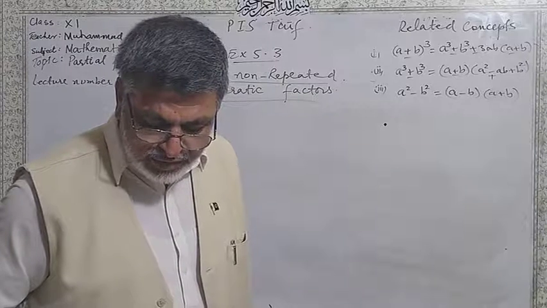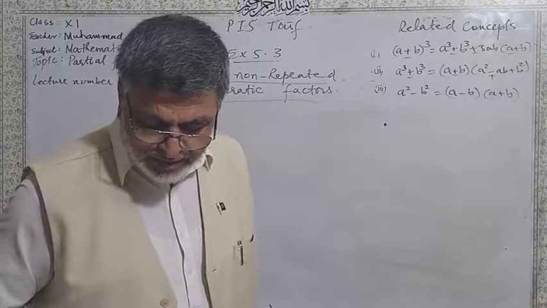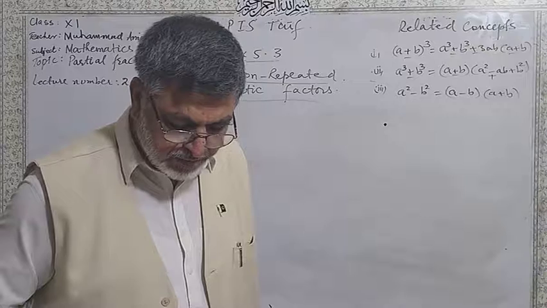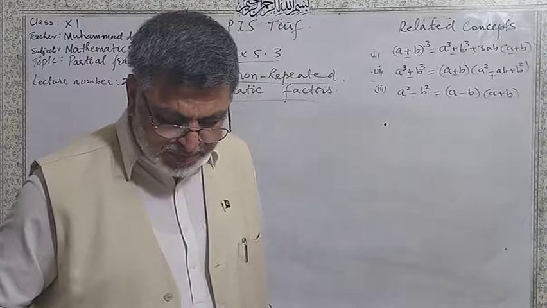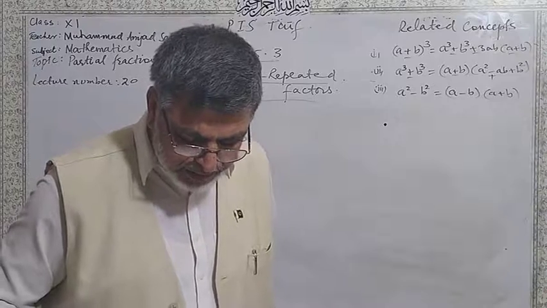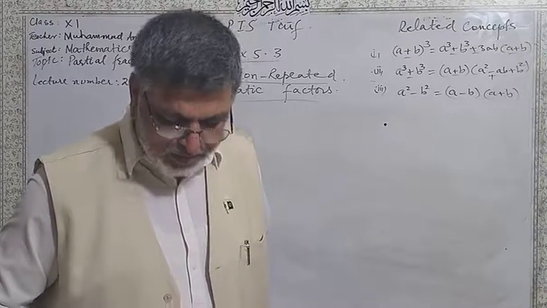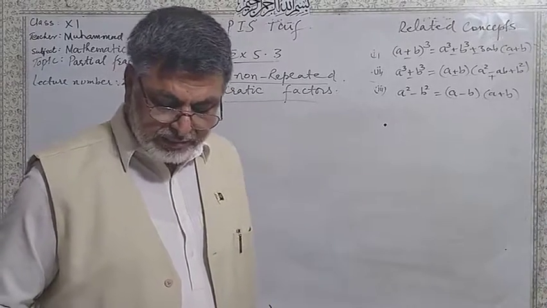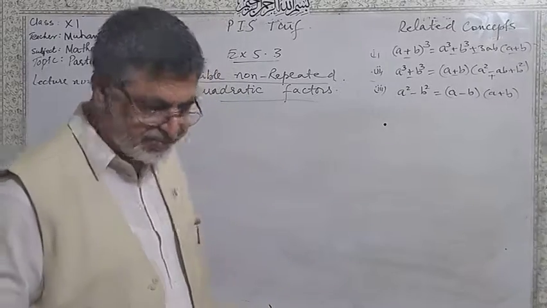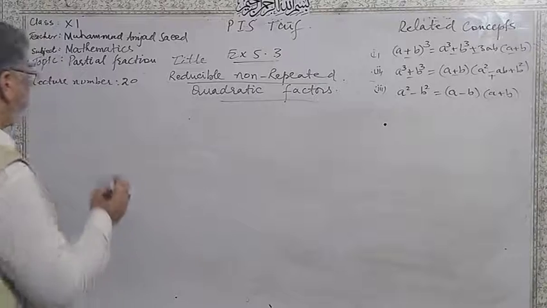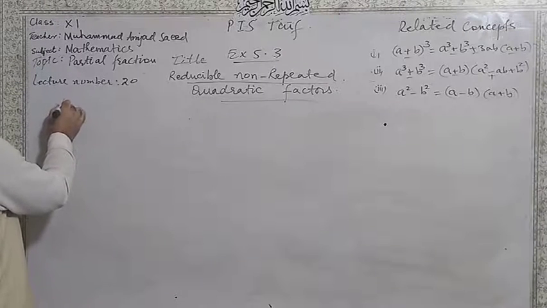Question number 3, 3x plus 1 over x square plus 4 into x plus 3. Question number 4, x square plus 15 over x square plus 2x plus 5 into x minus 1. These questions are similar, so I am taking question number 4, exercise 5.3, question number 4.